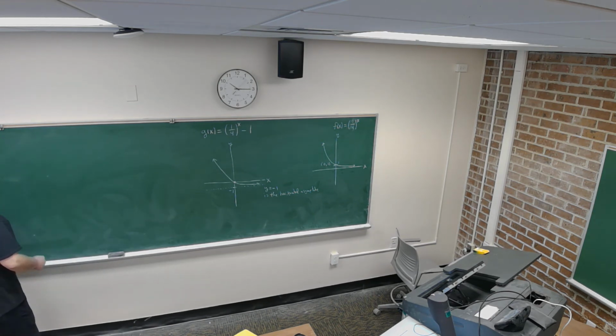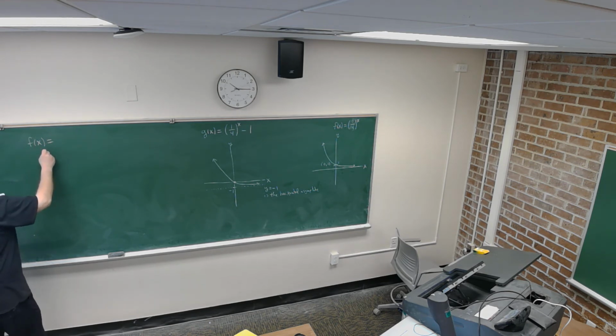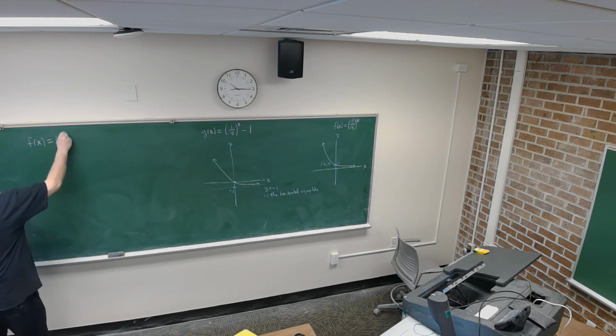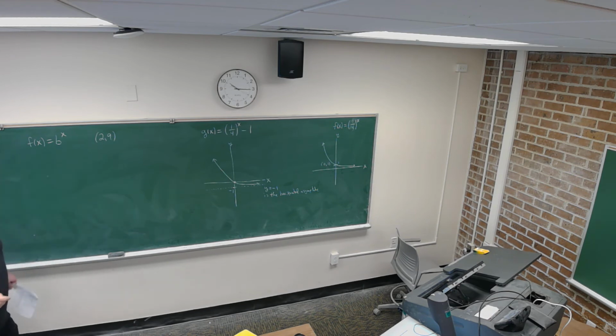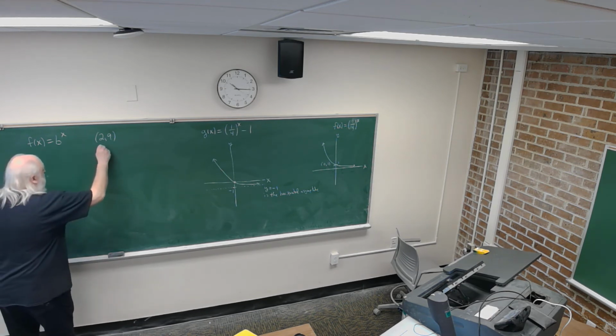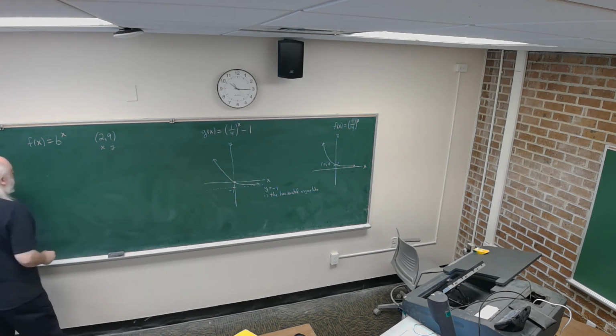The graph of our function passes through the point 2, 9. X is equal to 2, y is equal to 9.